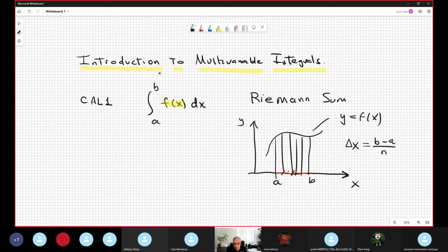What is important is you take an arbitrary value, called x star, and you take the height of this. So this is f evaluated at x star. Suppose that in this interval I take one in the middle and others on the left and the right.